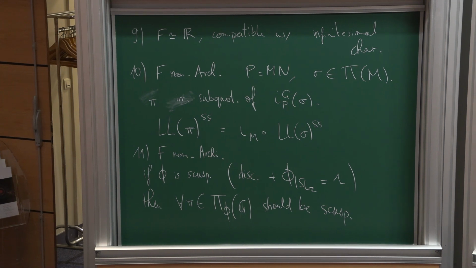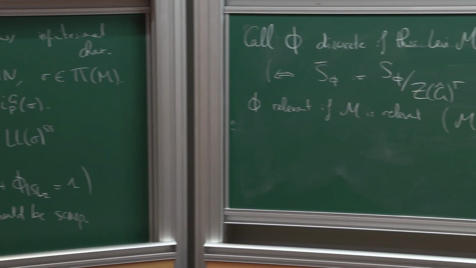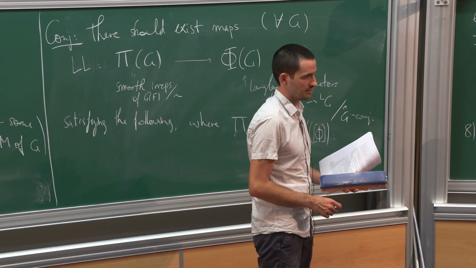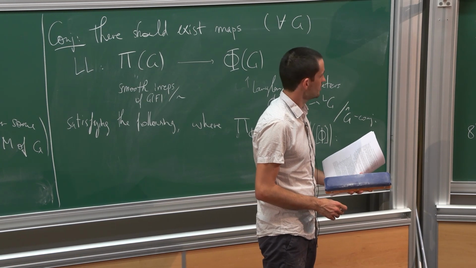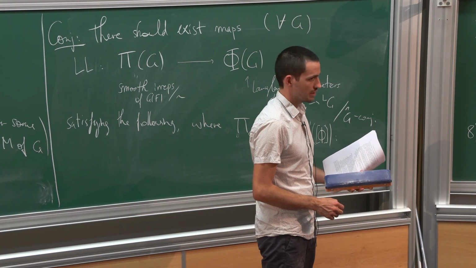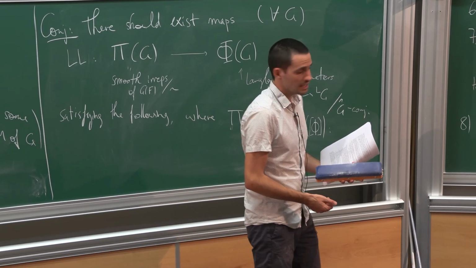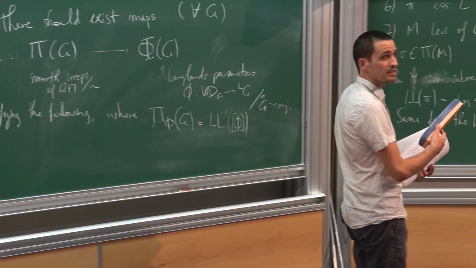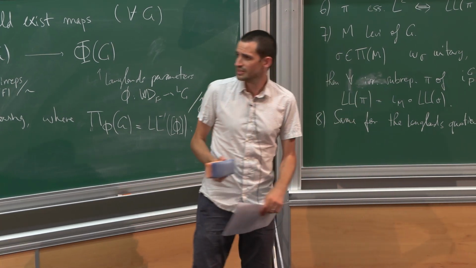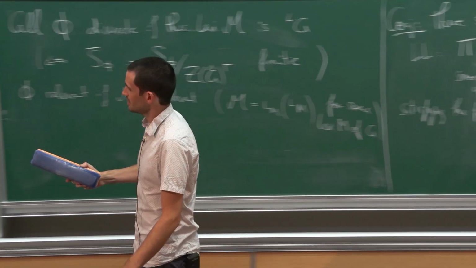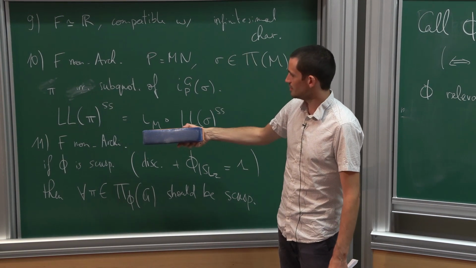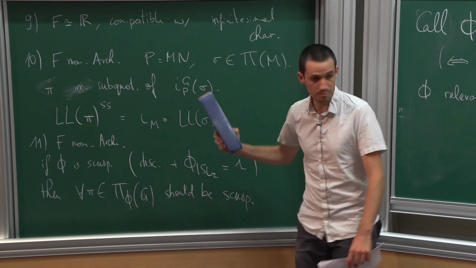And there's a question on Discord. He said he's confused with 7 and 10 because he thinks the local Langlands correspondence only depends on sigma, the inducing representation, not on pi. So the question is about the relation between 7 and 10, because I said that the parameter of pi is not determined by that of sigma.